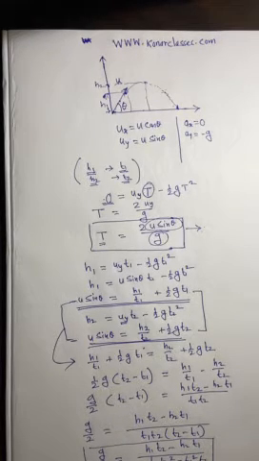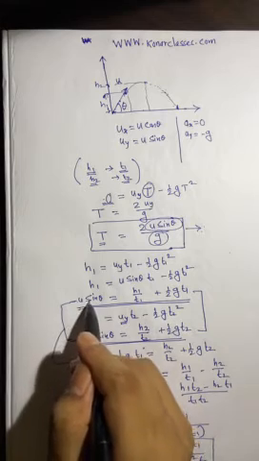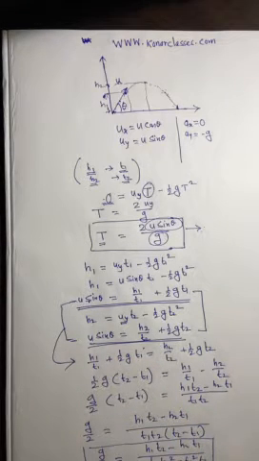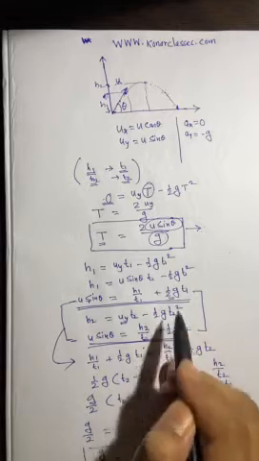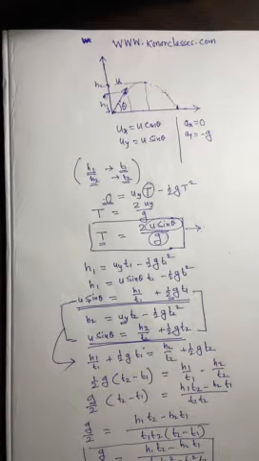Now we will put this value into the other equation to get the value of u sine theta. So let's go to the next page and do that. Remember, this value of g by 2 is required over here, because here g by 2 is given, and we'll put that value and get the value of u sine theta.